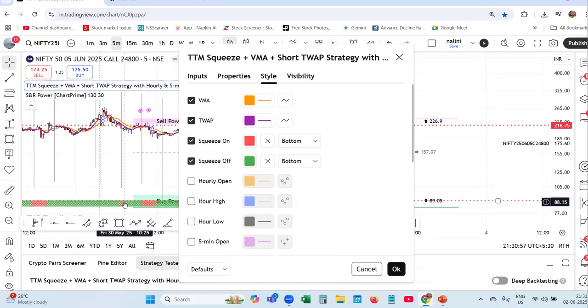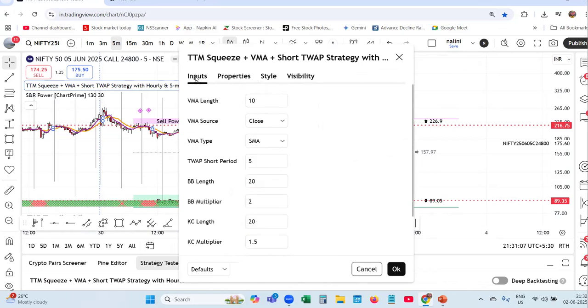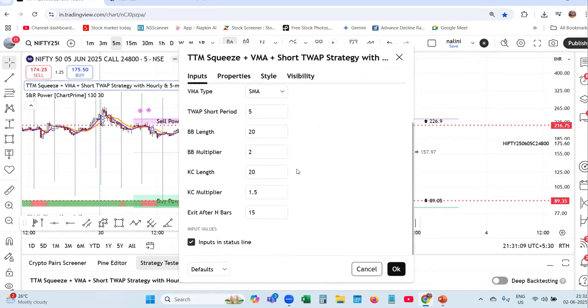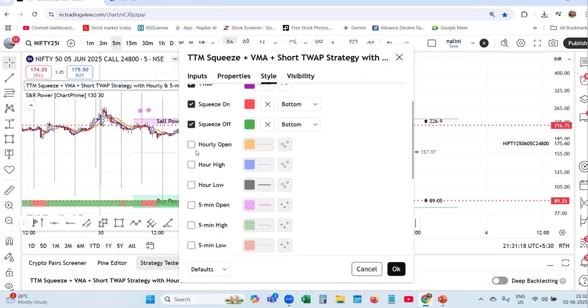That is Bollinger Band, Keltner channel, volatility contraction, and what I've included is, you can see Bollinger Band and Keltner channel, everything for that. In the style, for hourly open, I'm going to tick that. I'm going to tick hourly high, hourly low. So it is complete.